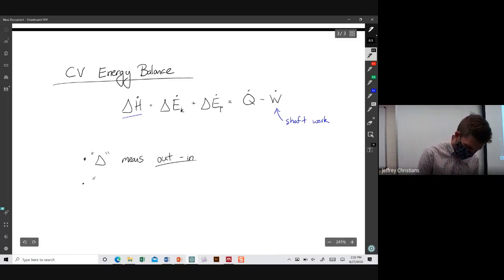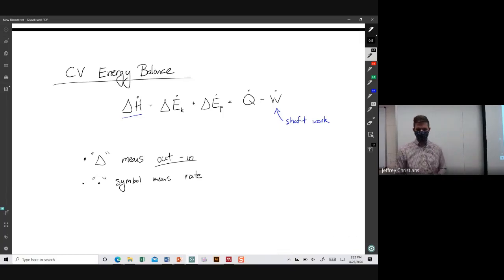As we said before, this dot symbol means rate. But we could just as easily write this. Typically for a control volume, we're using a control volume because things are flowing in and flowing out. So that's why we would write it this way. We could write the same equation where we divided by mass flow rate and we had specific enthalpy and specific kinetic energy and specific potential energy.